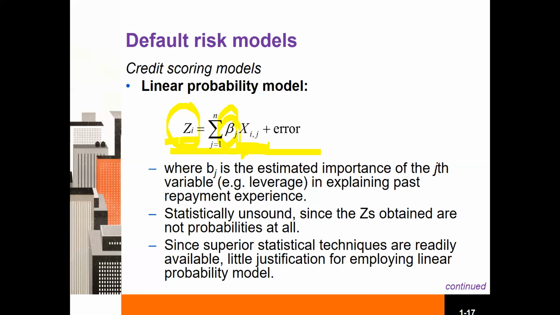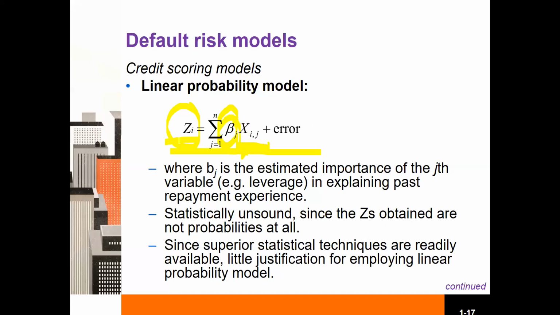But you know that statistically or economically, the probability should lie between 0 and 1. In this linear probability model, the probability of default can exceed that range, which is statistically or economically meaningless.